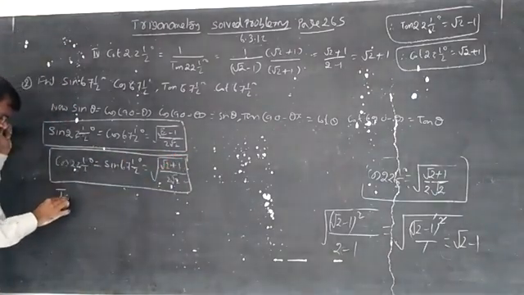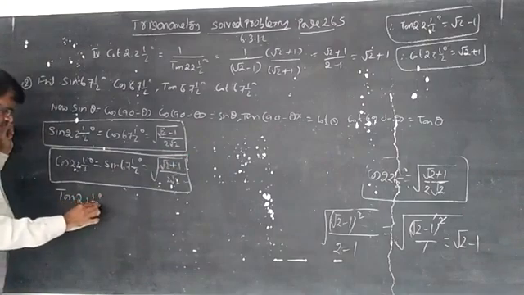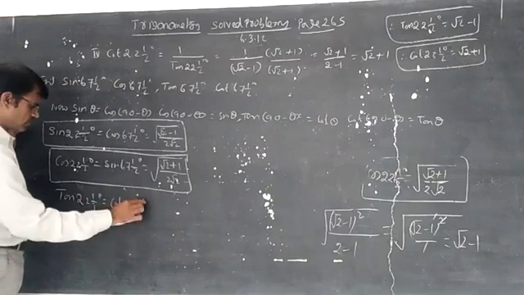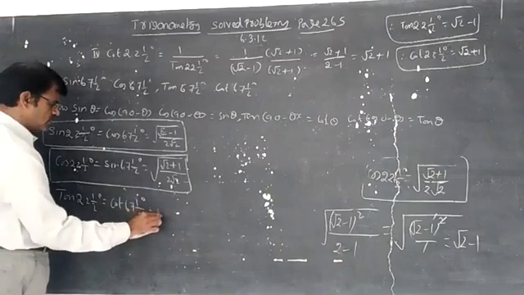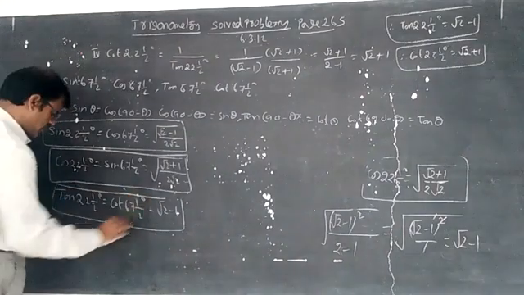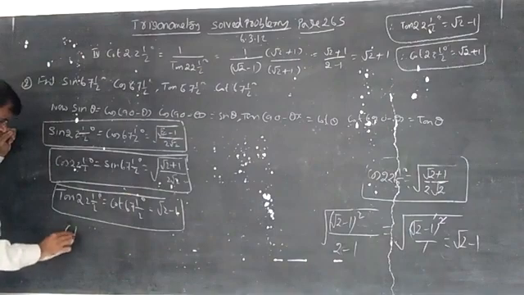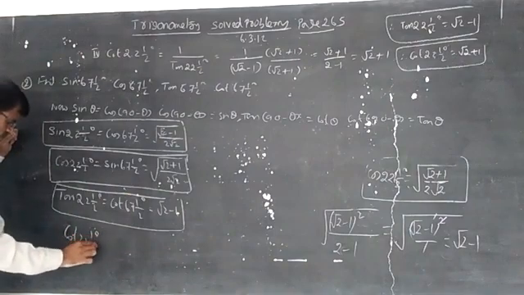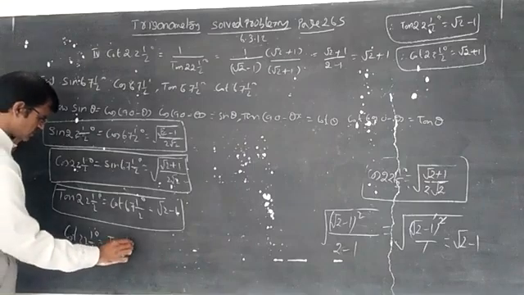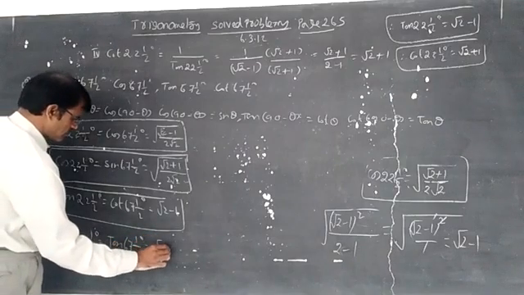Next one, tan 22 and half is equal to cot 67 and half, that is simply root 2 minus 1. And cot 22 and half degrees is equal to tan 67 and half is equal to root 2 plus 1.